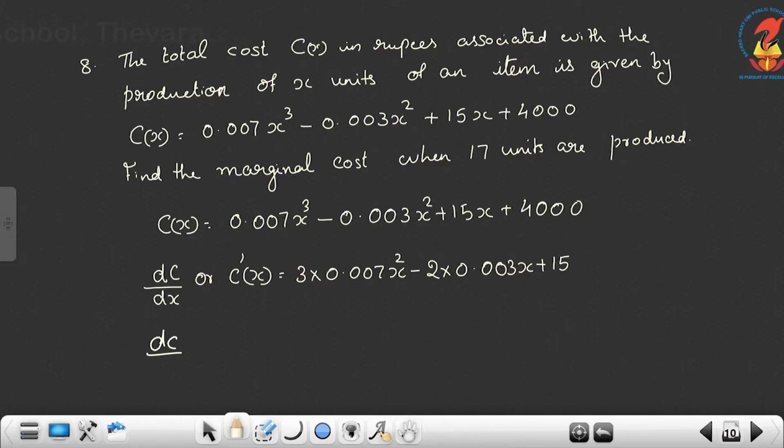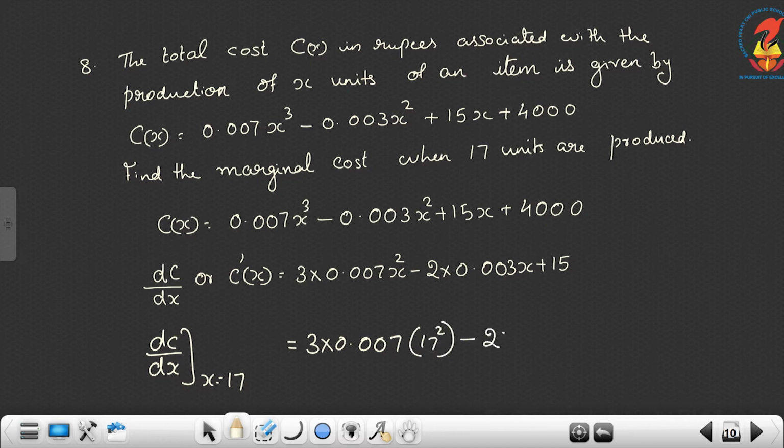So dc by dx at x equal to 17 is 3 into 0.007 into 17 square minus 2 into 0.003 into 17 plus 15. Now calculate the value. Its value is in rupees, 20.967. This much rupees.